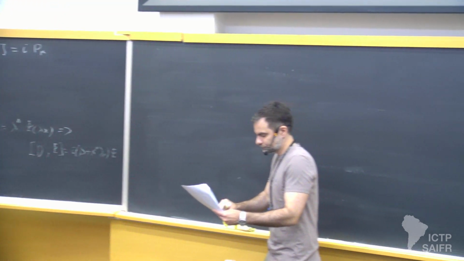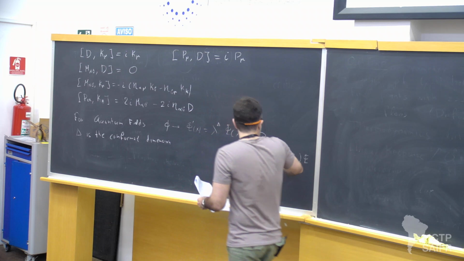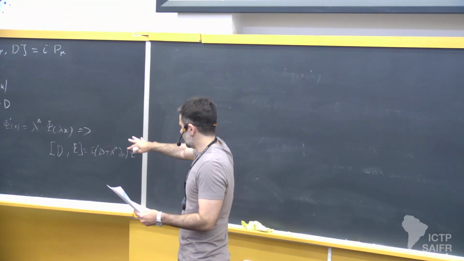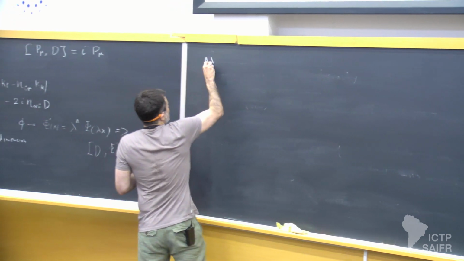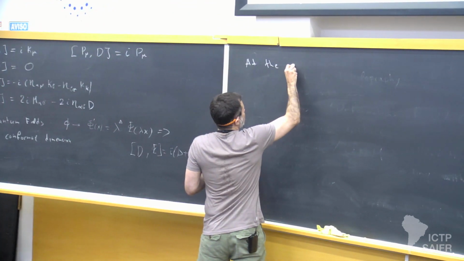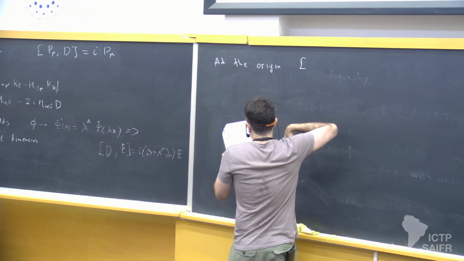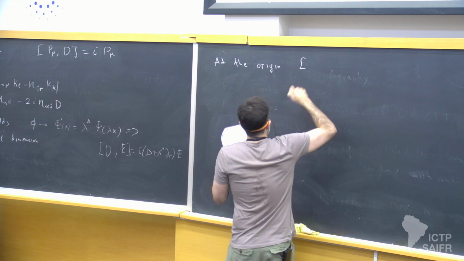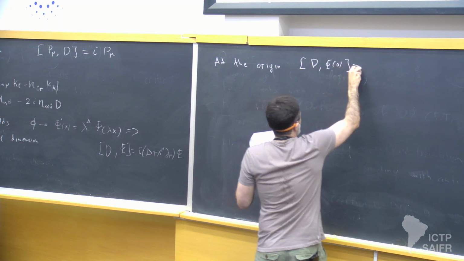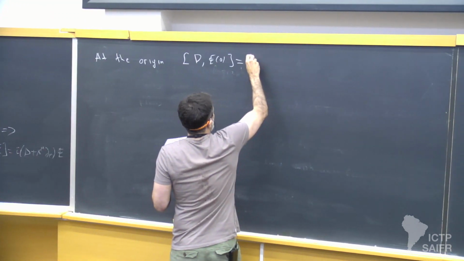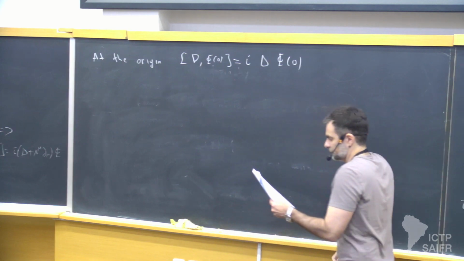Okay? So what is this telling me? If I set x equals 0 and I look just at how D acts on phi at the origin, the commutator of D with phi is going to be i delta times phi at the origin.